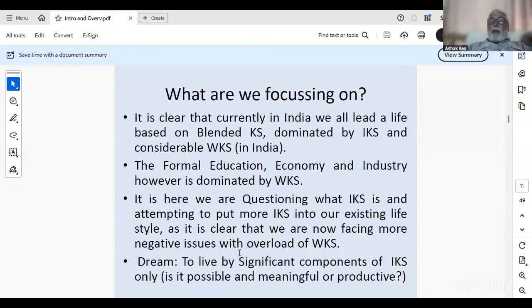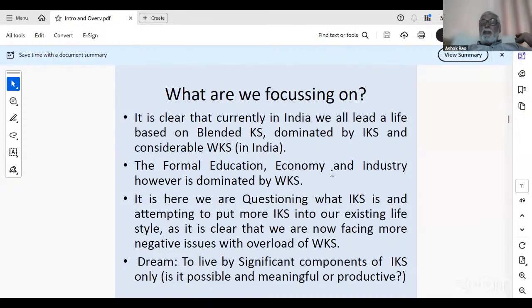So what we are focusing on now, it is clear that currently in India, we all lead a life based on a blended knowledge system, dominated by the Indian knowledge system and considerable Western knowledge system, mainly our education, industry, and economic activity.